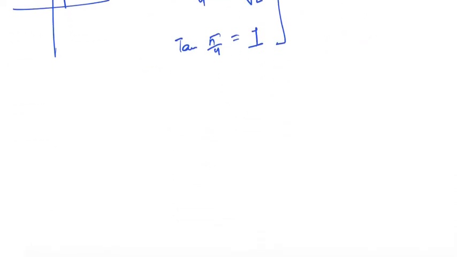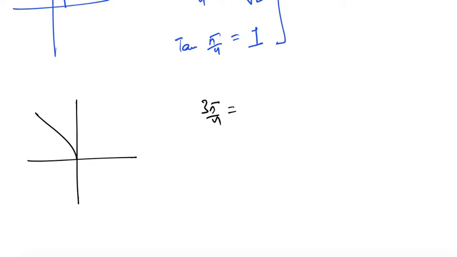So 3 pi by 4 is in your second quadrant, and this 3 pi by 4 we can write as pi minus pi by 4. Over here we are supposed to know the quadrants. In the first quadrant we say theta, and in the second quadrant we say pi minus theta.